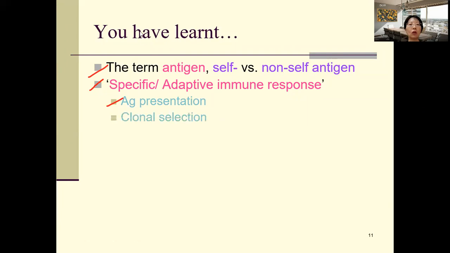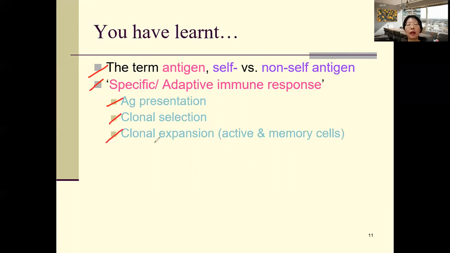Second step is clonal selection, where the B cells and T helper cells, T killer cells, with a receptor that can recognize and bind to that foreign antigen will undergo clonal selection, followed by clonal expansion, starting from the T helper cell first, which is the manager. They divide and differentiate into active T helper cell and T helper memory cells.